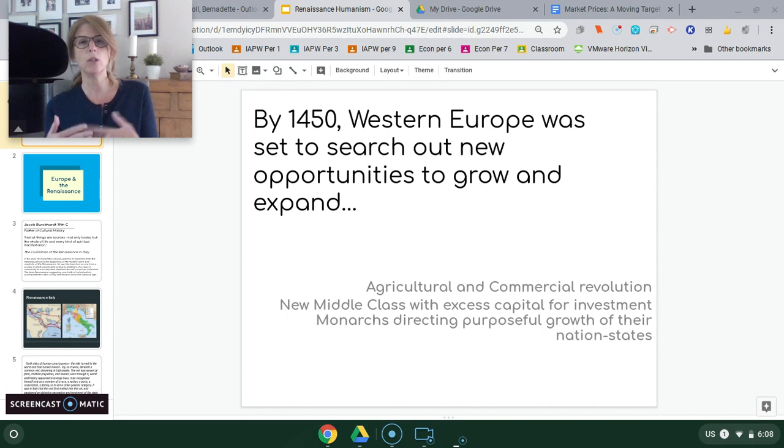A model that included a middle class with new investment money, new crops, new methods of agriculture, new opportunities in the countryside, new cities, and most definitely a monarch who would be willing to support it.